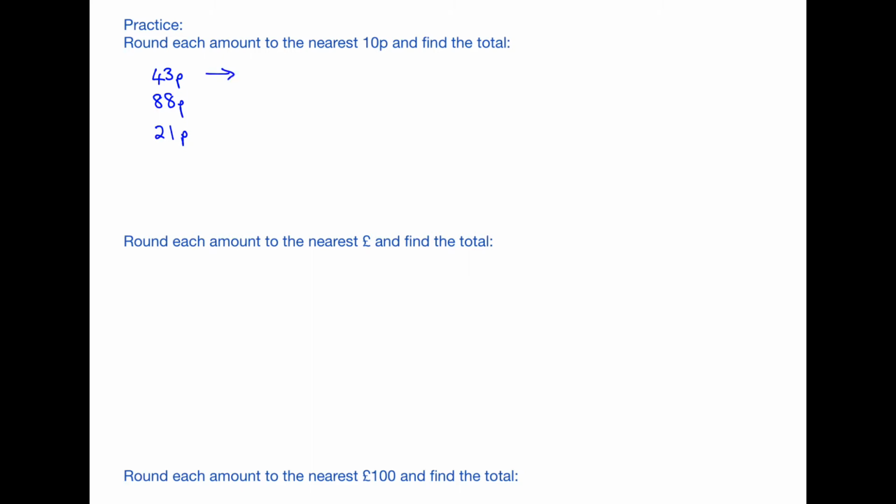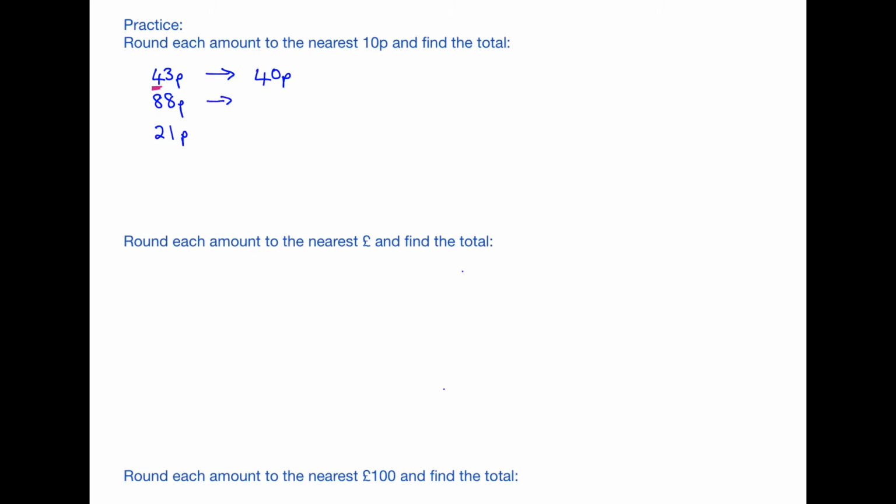So when we're rounding to the nearest 10 pence, using the techniques that we were just looking at, 43 pence, remember it's the 4, that's the 10p digit, isn't it? We're rounding to the nearest 10. So the 4 stays as a 4 because the 3 tells us to leave it. So the 43 pence, we're going to round to 40 pence.